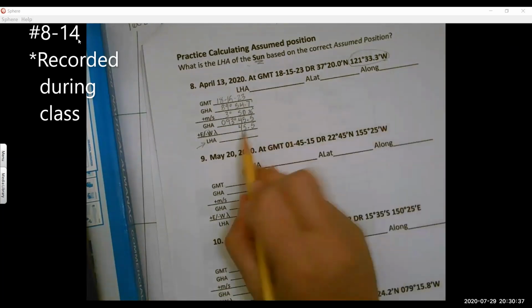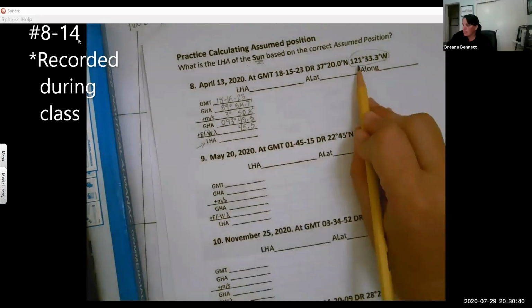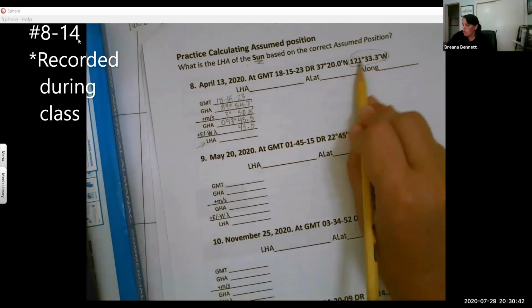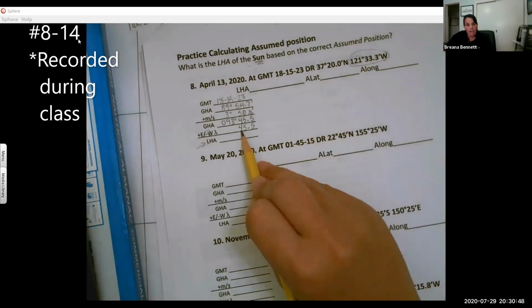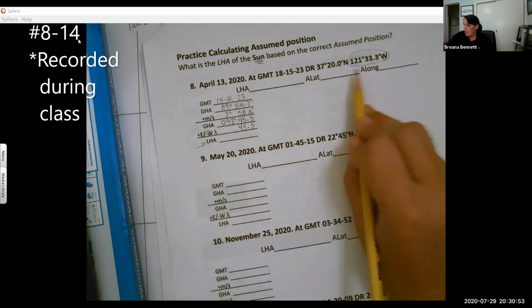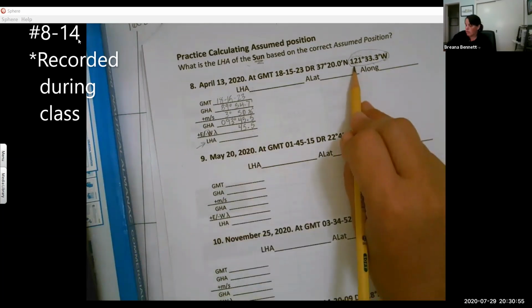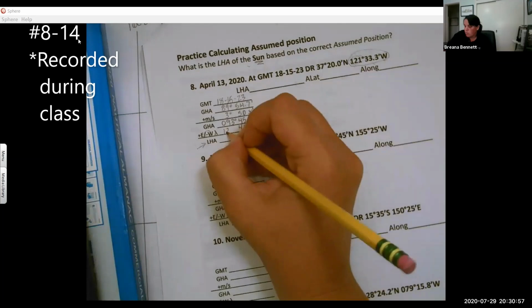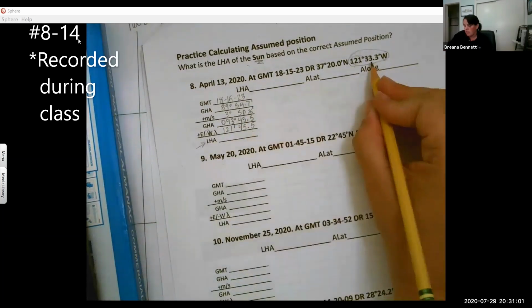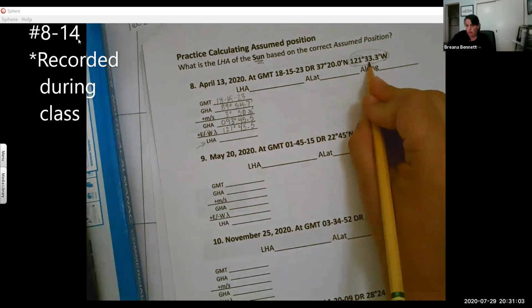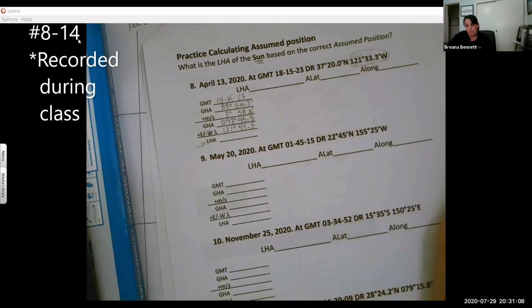So now I need to decide what is my degree part of my longitude? What is closest to ending in 45.5? In this case, it would be 121 degrees 45.5, which is closest to our 33.3.